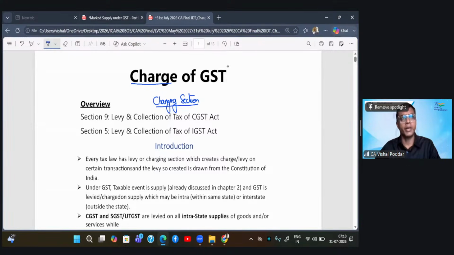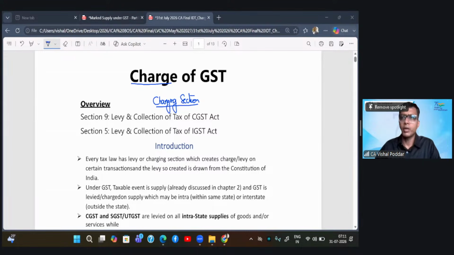Now, since we are at the final level, I would like to also include some important judgments. Like if you remember in the last class, when we were discussing section 7, subsection 1, clause (aa), which was a latest amendment in the definition of supply, I had explained to you an important judgment in the case of Kolkata Club, because that judgment was the origin of the concept of section 7(1)(aa).